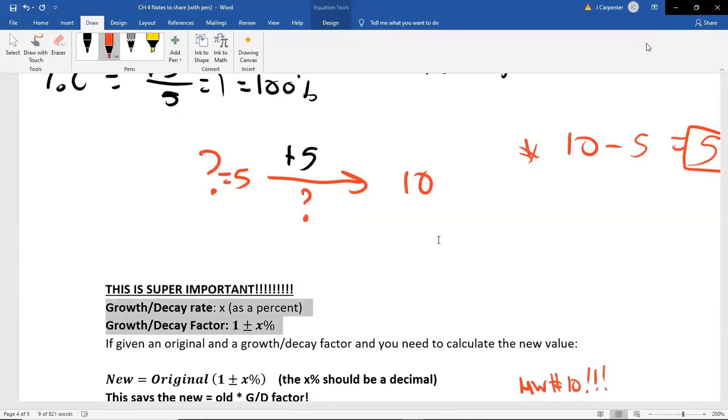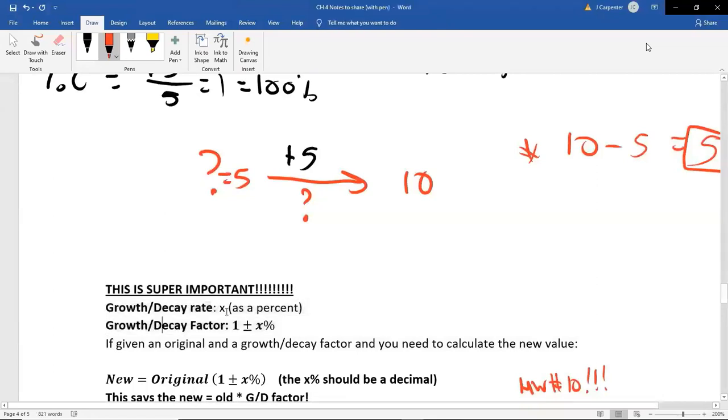Now I'm introducing something else that's super important that's never going to go away. Most of the things that we teach in QR don't really go away. That's what I like about this course. It's not like an algebra course where we teach you this thing and then we never use it again, then we teach you that thing and we never use it again until you get to a pre-calc course. All of this we continue to build on. That's what's amazing about this.